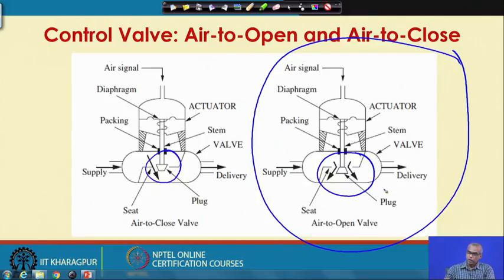Now look at the shape of the plug for this air to open valve. As the valve top pressure increases, the stem goes down, but the shape of the plug is such that as the stem goes down, the opening now increases and the flow through the valve increases. So, this is known as air to open valve.